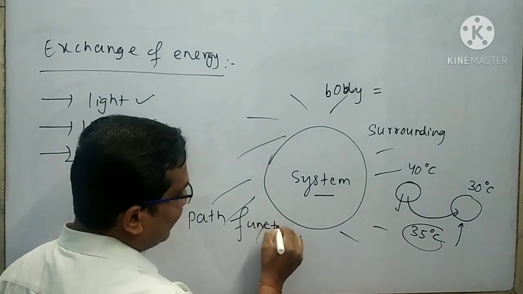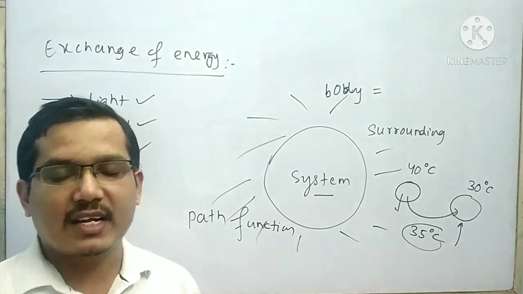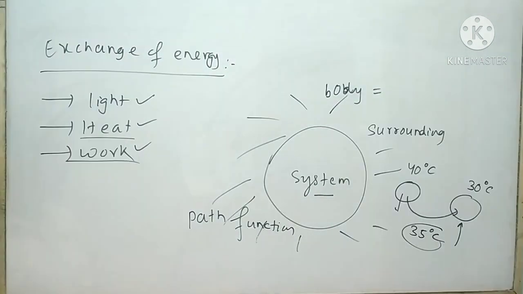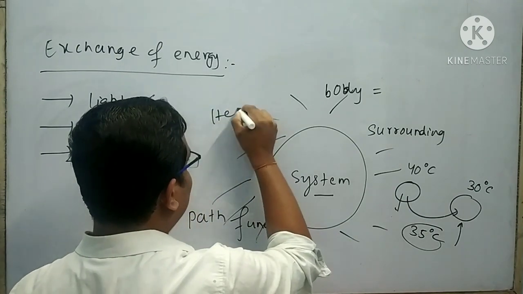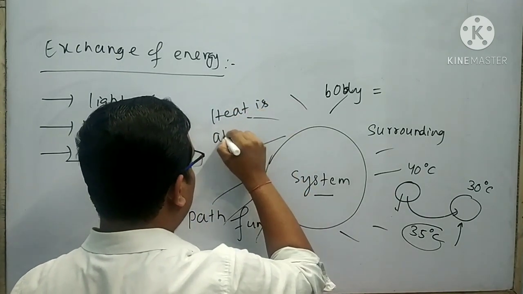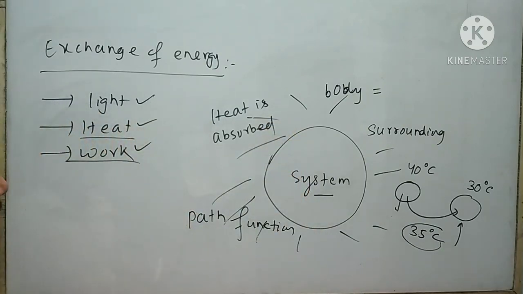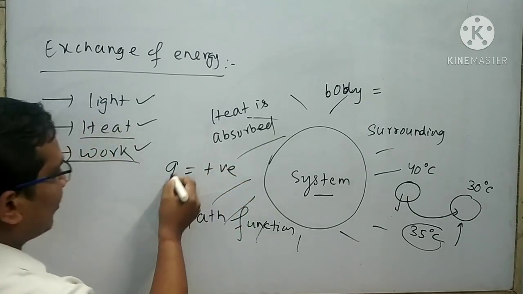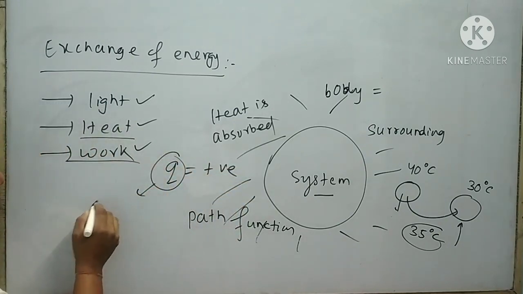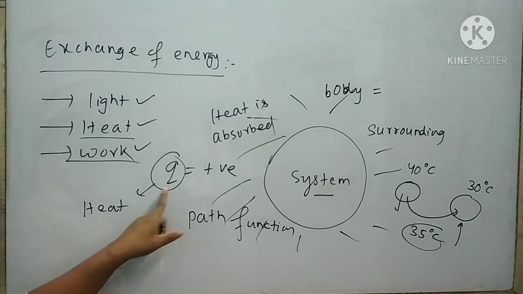That means it does not depend upon the initial state and final state of a system. Remember an important point: if heat is absorbed, then the value of Q is written with a positive sign. Q indicates the symbol of heat.